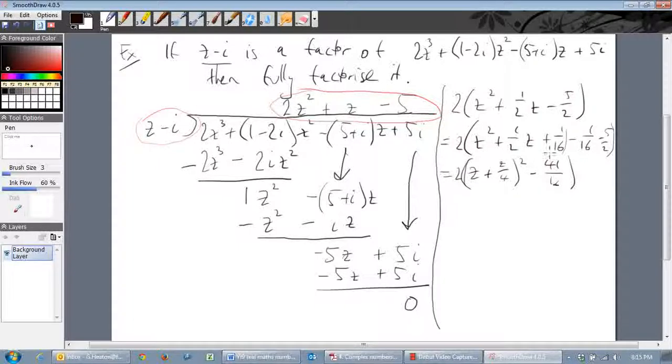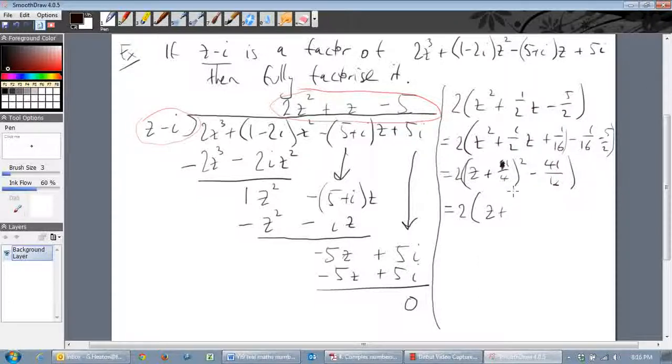And so then we need to do our factorisation. We'll leave that 2 out the front. No, we have to take that in actually. So it would be 2, and we've got z plus, oh, don't make a mistake, that should be a quarter. My apologies there, that's just 1/4.